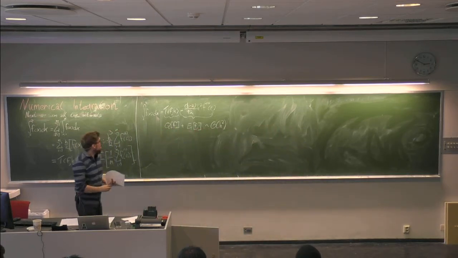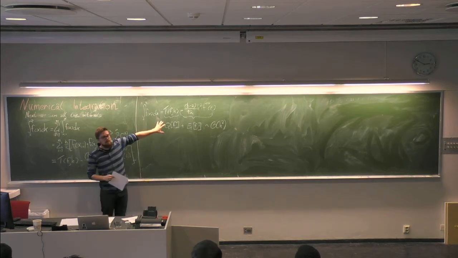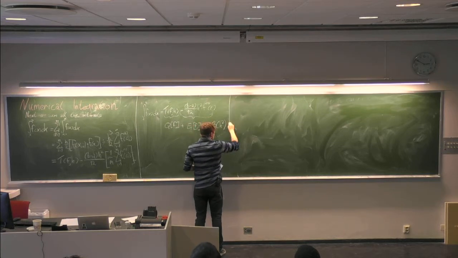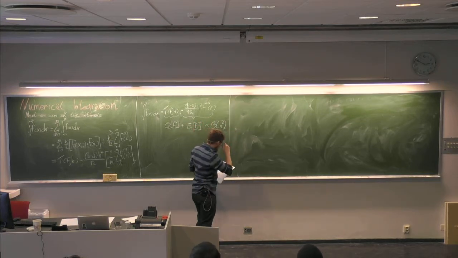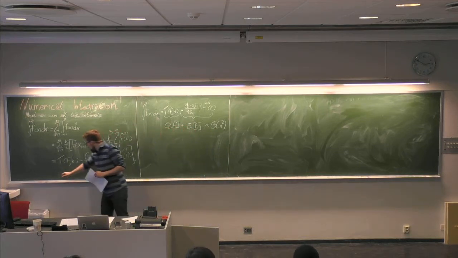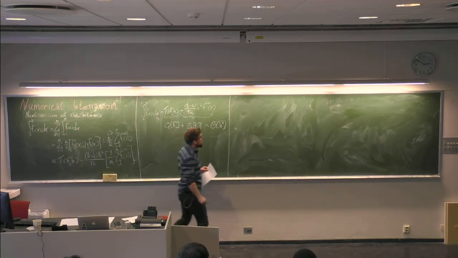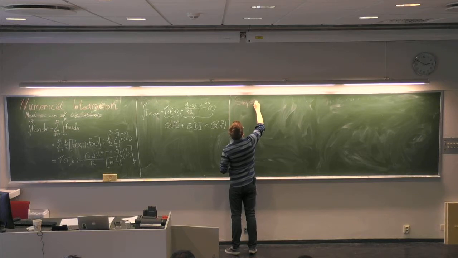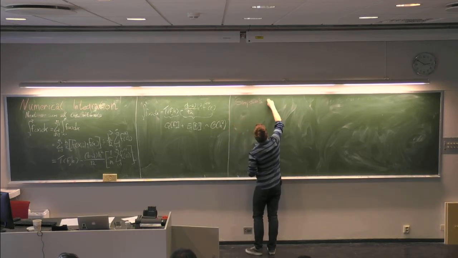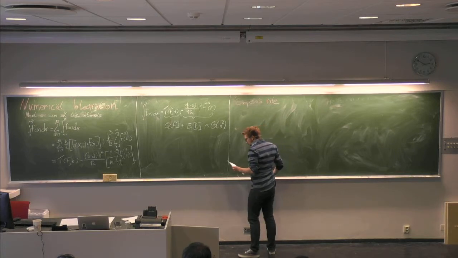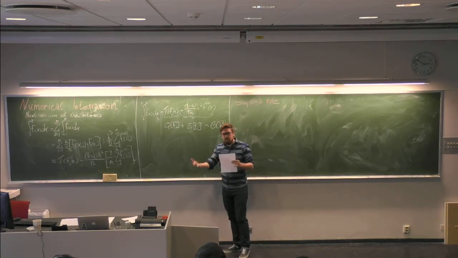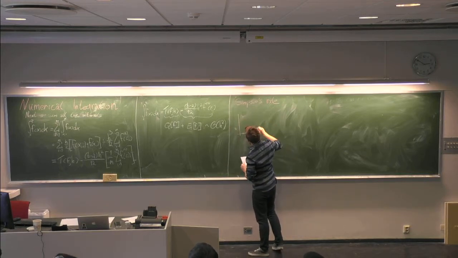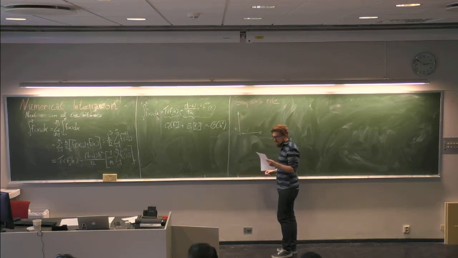So if you just note down this result, this is for the trapezoidal method. Next we will look at the Simpson method, or Simpson's rule, as the book calls it. Where the trapezoidal rule used trapezoids, Simpson's rule is using a better interpolation technique.